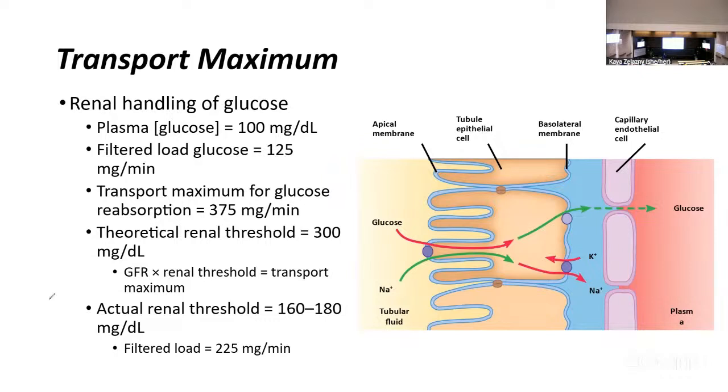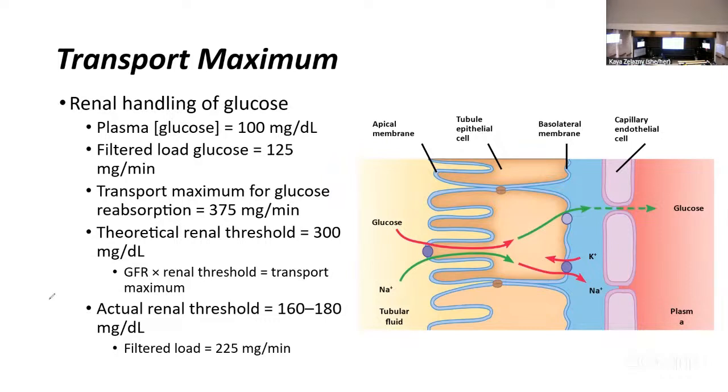Our actual renal threshold, the actual glucose level where we start to see spillover in the urine, is about 160 to 180 milligrams of glucose per deciliter of blood plasma. That corresponds to a filtered load of about 225 milligrams per minute when we calculate it out.